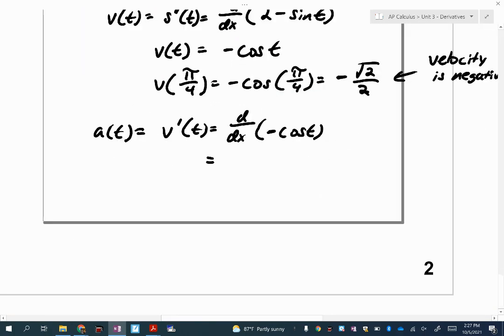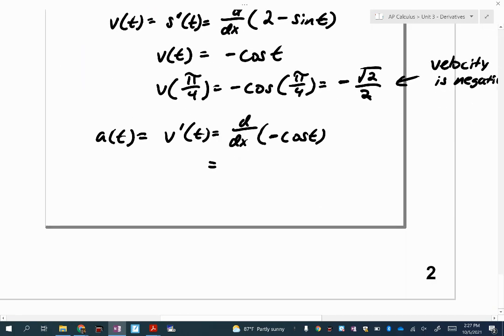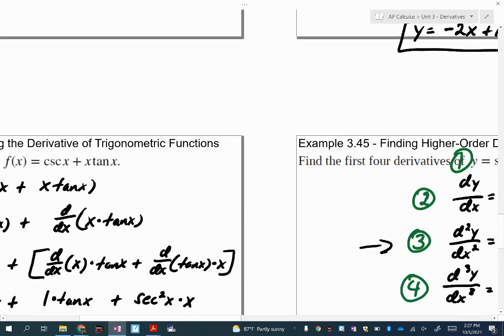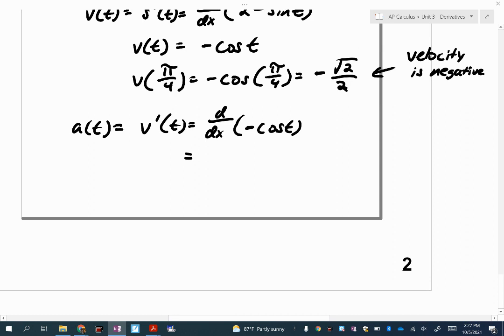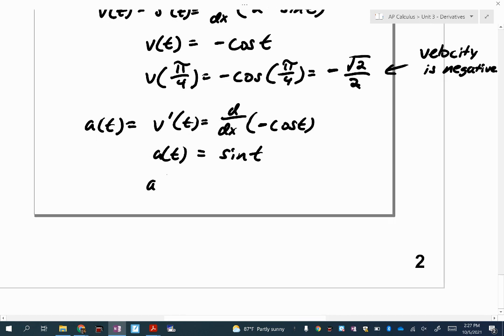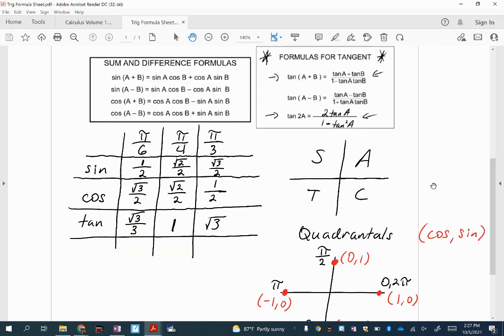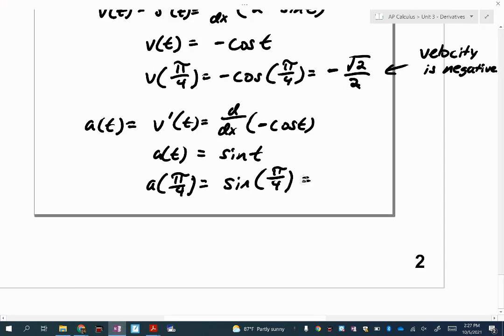But remember, we already have a negative in there, so it's the opposite of a negative, which is a positive. So the acceleration function is the sine of t. So let's plug in pi over 4 into the acceleration and do the sine of pi over 4. Here's my formula sheet. The sine of pi over 4 is the square root of 2 over 2. And this one is going to be positive.